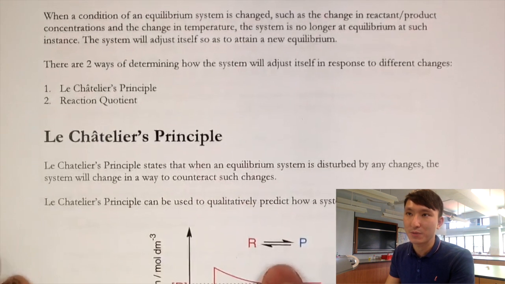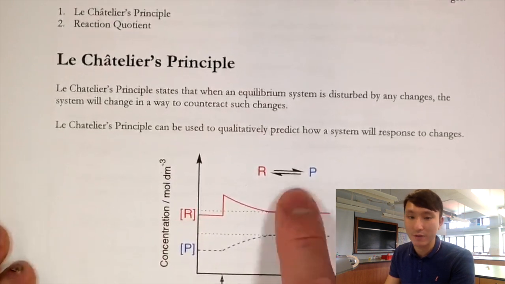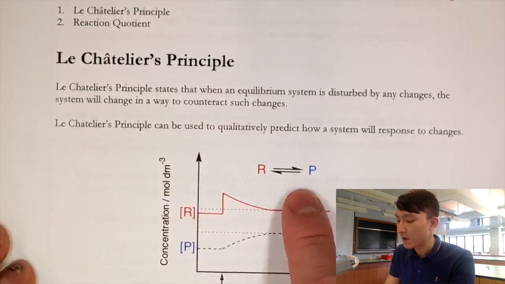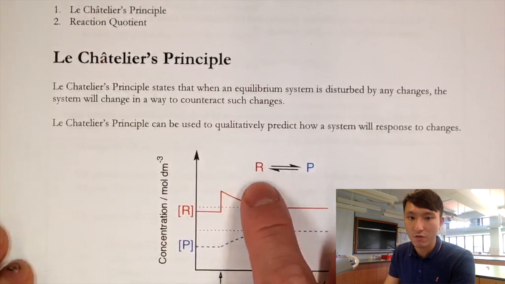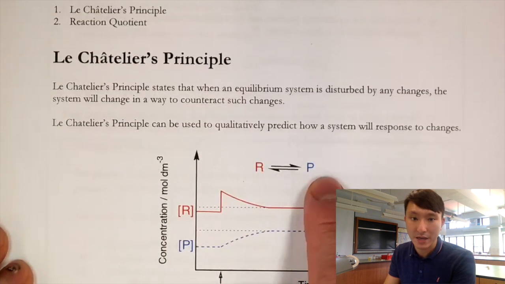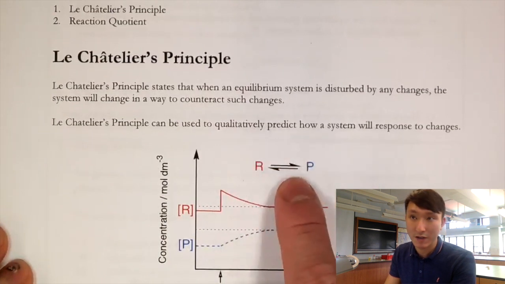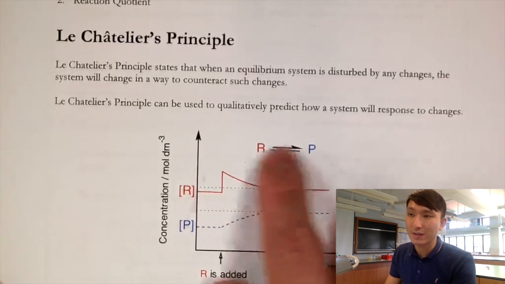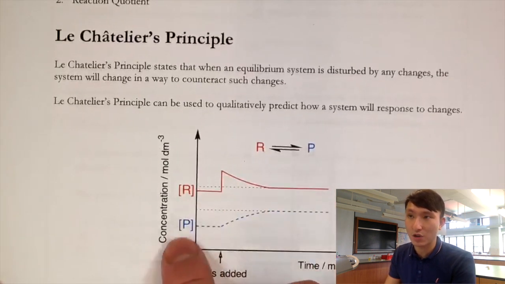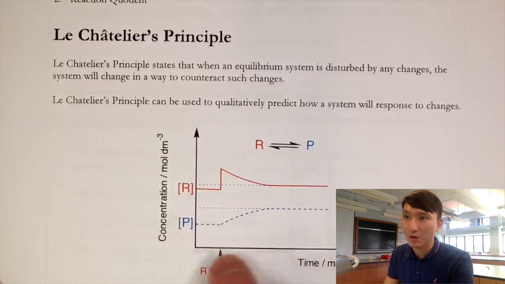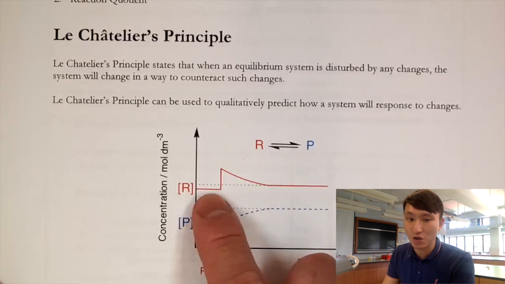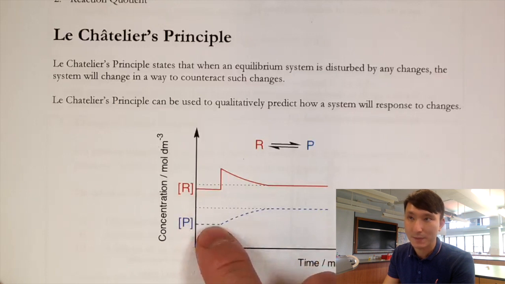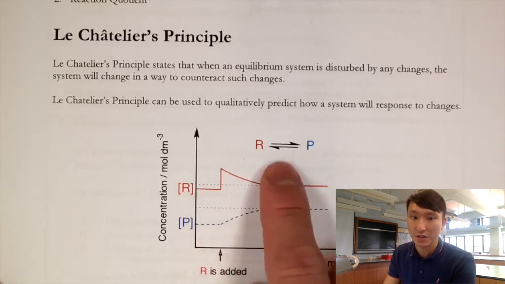Now let's look at this particular example. There is a very simple equilibrium system where reactant R reacts to form product P, and this is a reversible reaction. If you look at this graph, which is a concentration time graph, you notice at the beginning the concentration of reactant and product is not changing because it is an equilibrium mixture, right?